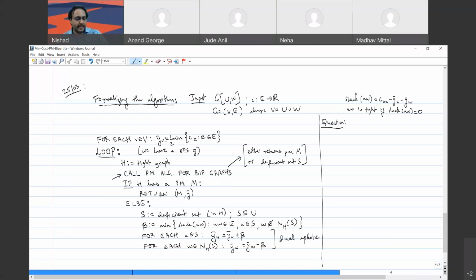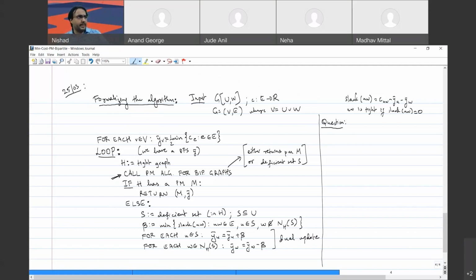But you can see that already all the other steps are very straightforward, right? Because once you have the deficient set, you just look at the edges, and compute the beta and then subtract beta, add beta. Those are very simple steps. So it's already clear that this part here must be the most expensive part in this algorithm, calling the perfect matching algorithm for bipartite graphs.